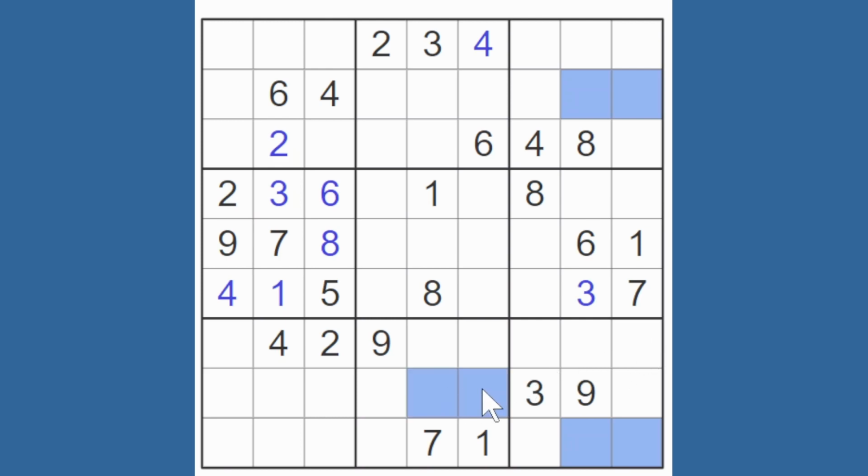And these must be 2s as well. And the 2 can go in any of these 3 squares. So back to the 5, 8, and 9 here.